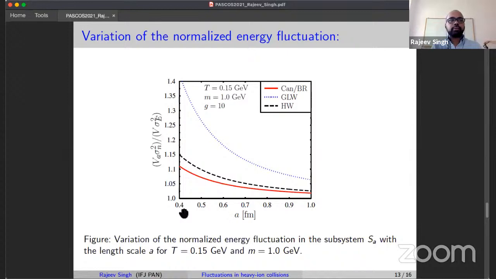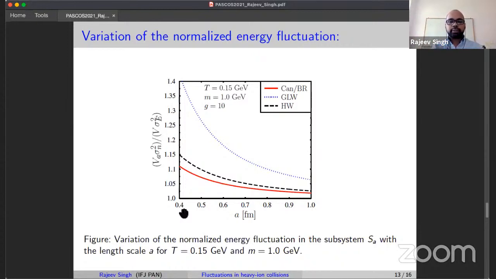Otherwise, the agreement between the theoretical models and the experimental data will not reach a particular accuracy. So this framework of calculations also specifies for which fluid element size we can ignore the quantum fluctuations or we have to include them.